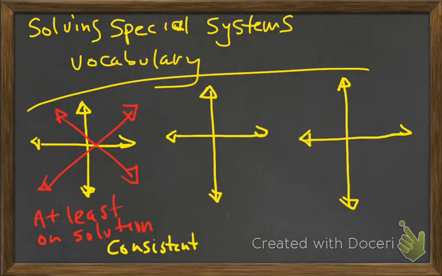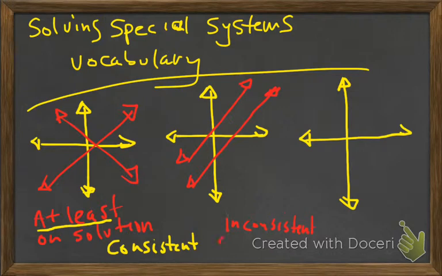Okay, now it says at least. Well, let's take a look at this one here. We're just going to draw a couple parallel lines. Is there at least one solution? No. So this is an inconsistent system.